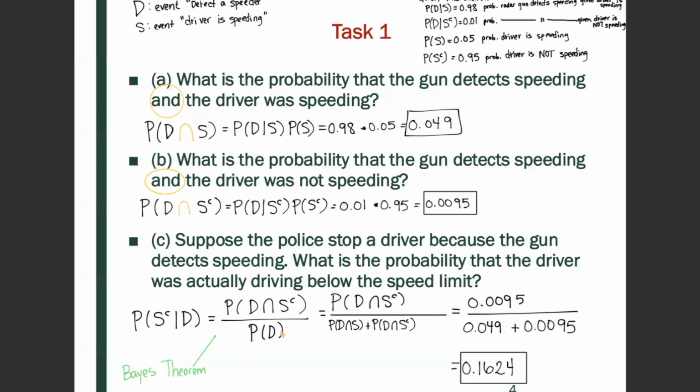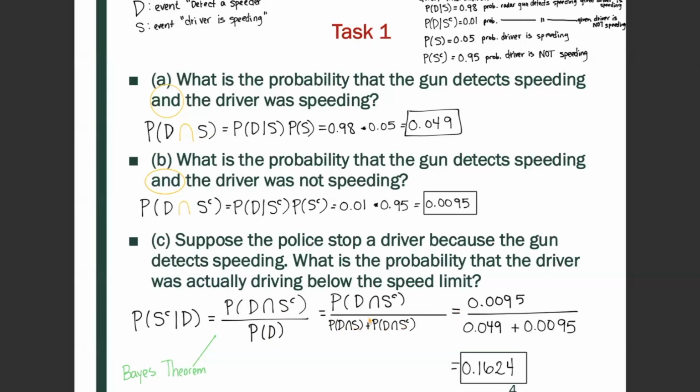The denominator equals the probability where we detect a speeder and the driver is speeding, plus the probability we detect a speeder and the driver is not speeding. So this is Bayes' theorem.